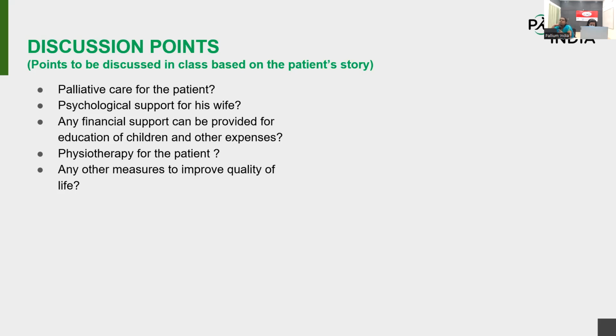We need to explore psychosocial issues. So try to include a medical social worker in that team, so that once we elicit the problems, we can support them. So here you can try to involve the medical social workers.